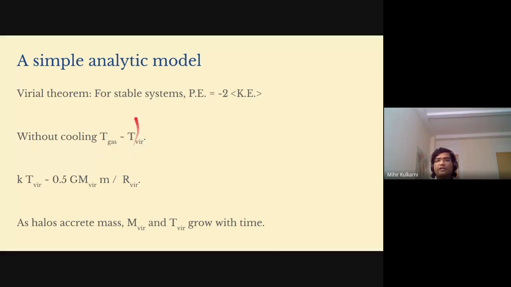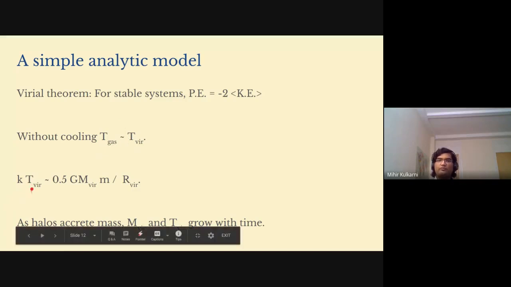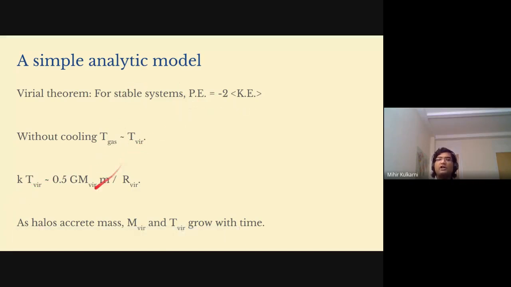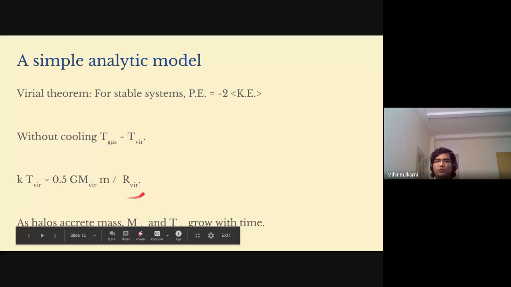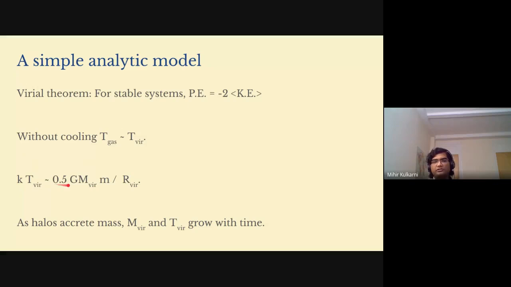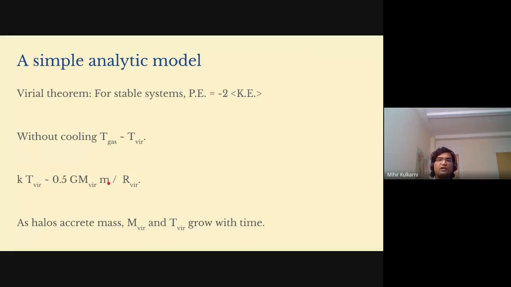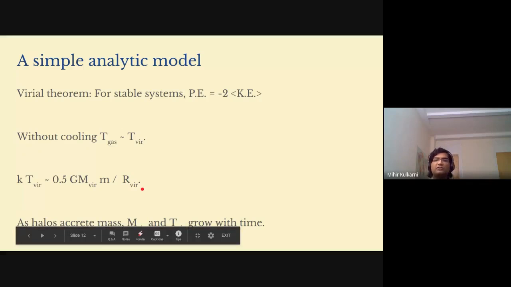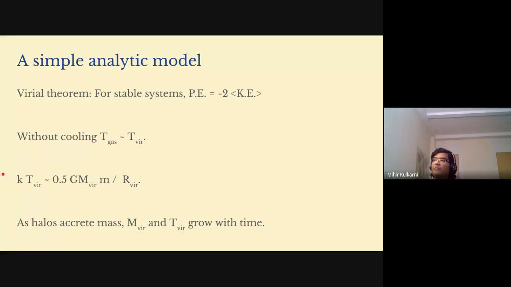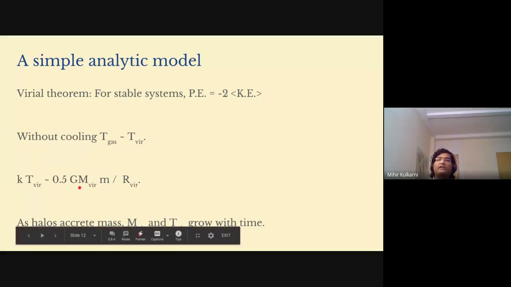And the virial temperature can just be defined from the virial theorem as corresponding to the gravitational potential energy, that is G times virial mass times mass of the proton, or the reduced mass of gas that we are talking about, divided by the virial radius of the dark matter halo. And that gives us a typical temperature of gas that would be present in a halo of given mass.